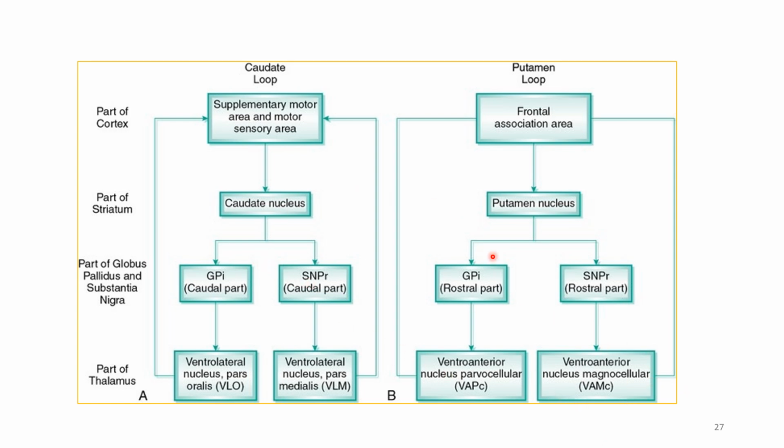These two loops were combined in the previous slide. So the caudal part is connected to the caudate nucleus, which you can remember as C, and these are connected to these types of nuclei in the thalamus.